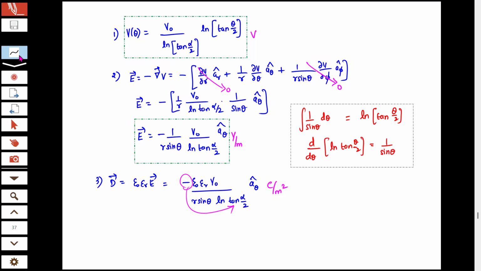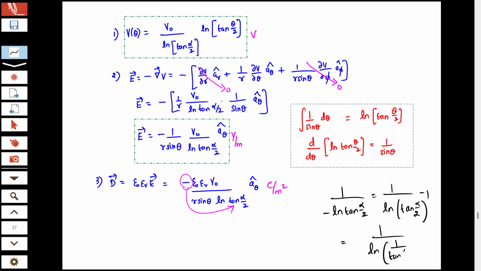When we write this negative sign in the denominator, I will write in the denominator 1 by minus logarithm tan alpha by 2. So this negative sign can be brought inside the logarithm, and I can write this as 1 by logarithm of tan alpha by 2 inverse. Now this inverse can be written as 1 by logarithm of 1 by tan alpha by 2.